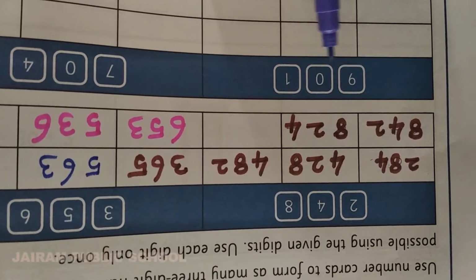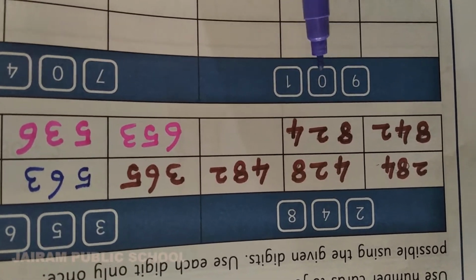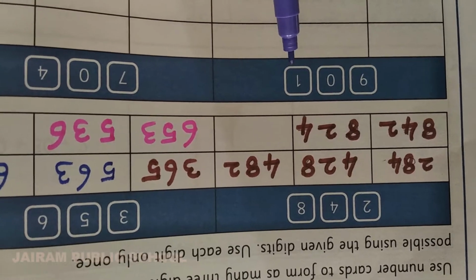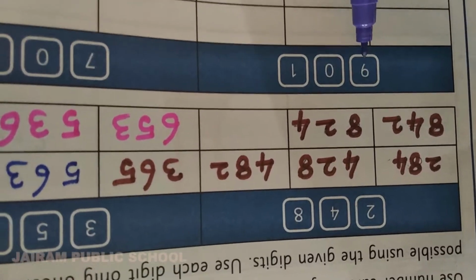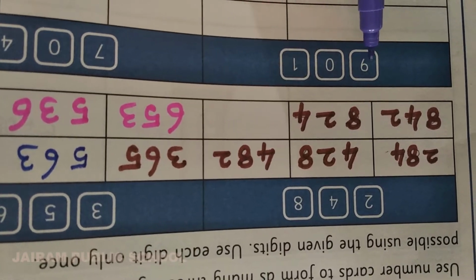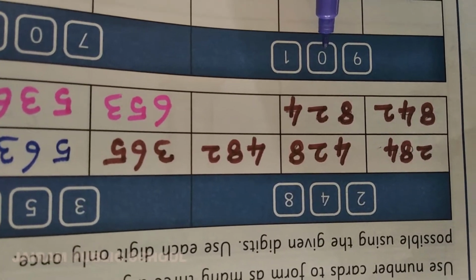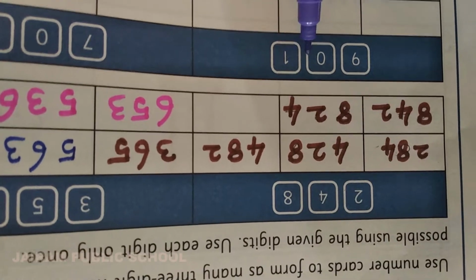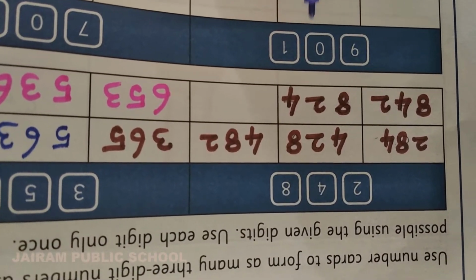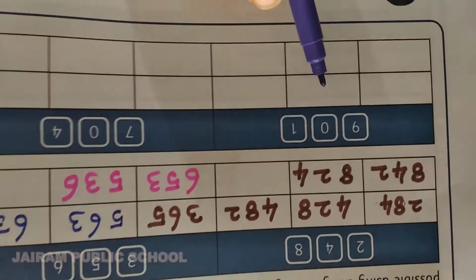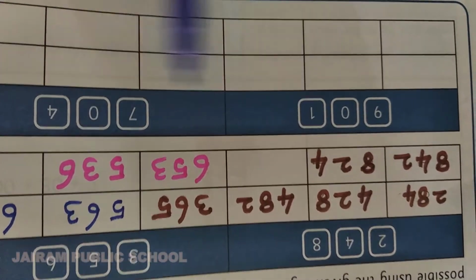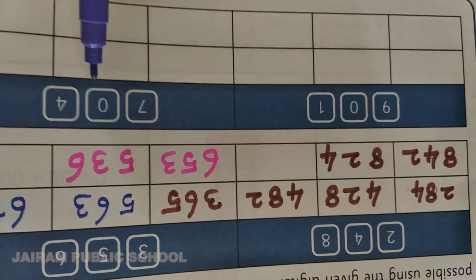So using these three digits you have to form another 3-digit number. Here 901 is there. So how can you form another 3-digit number? 910 you can write. And another one, 109. Like that you want to create and write, Kanna, for these two sums.